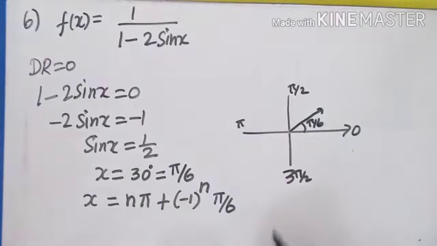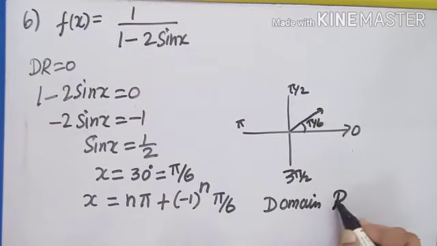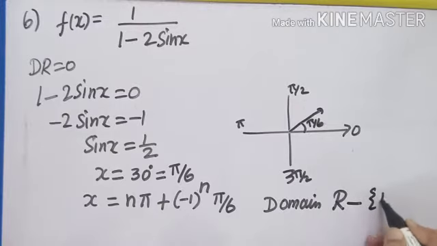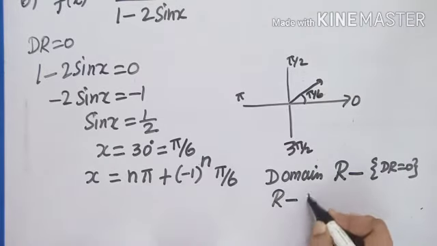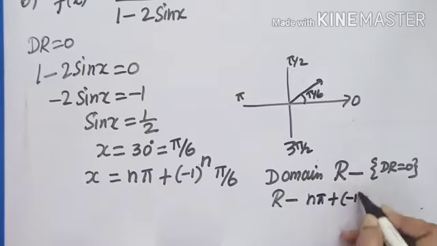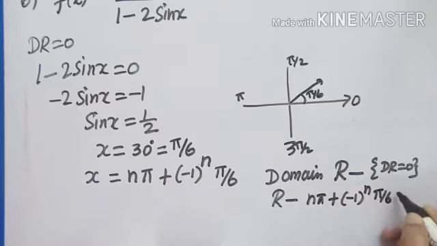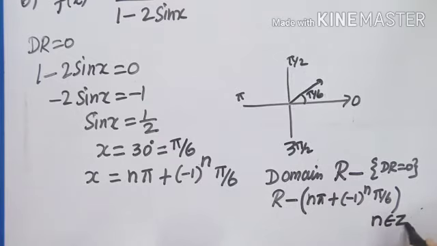So now my question is domain. So what should I write for the domain? R minus where the denominator is becoming 0. Or I will write R minus these values: n pi plus minus 1 power n pi by 6. Exclude this value where n is an integer.